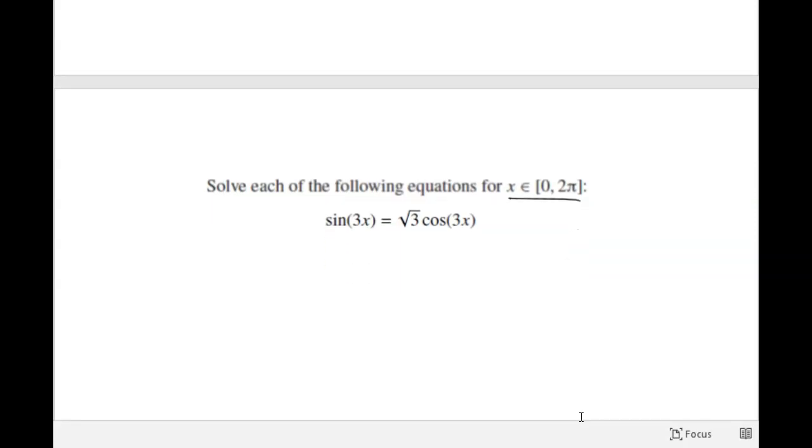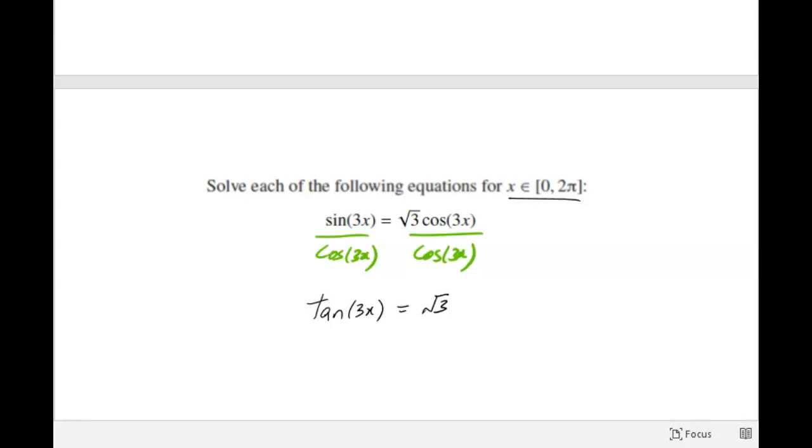The first and foremost step is I'm going to divide both sides by cos 3x. If I do that, I'm going to get on the left hand side sine over cos, which we know is equal to tan. So tan 3x is equal to the square root of 3.